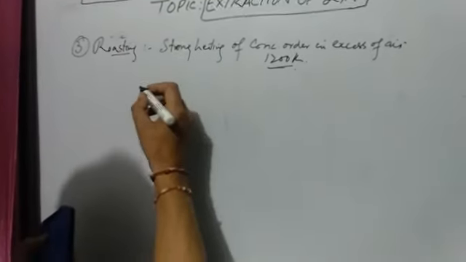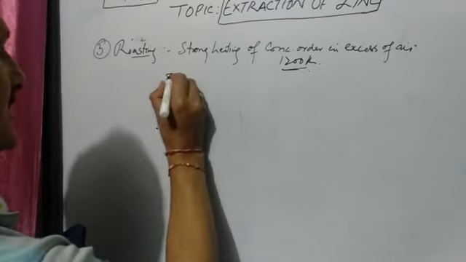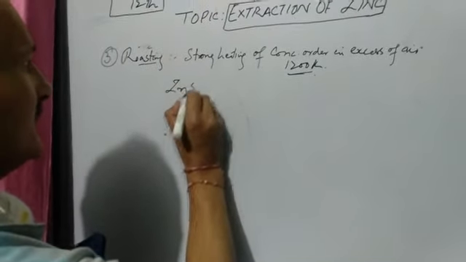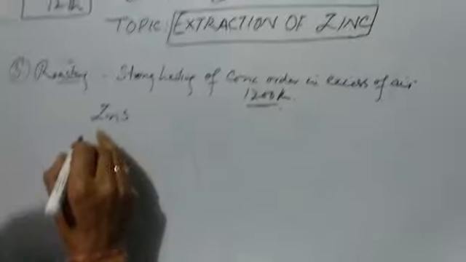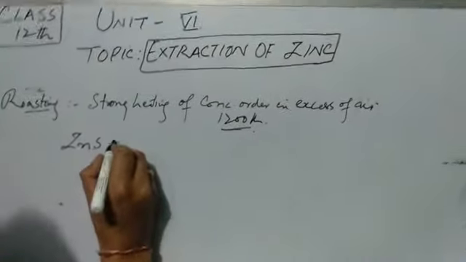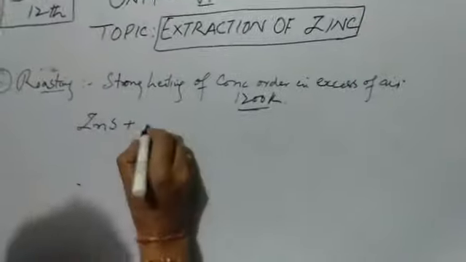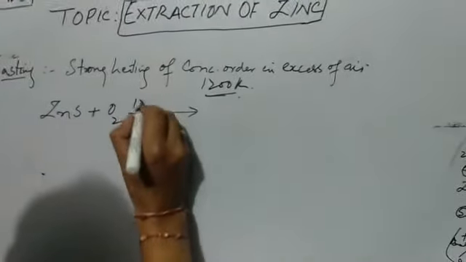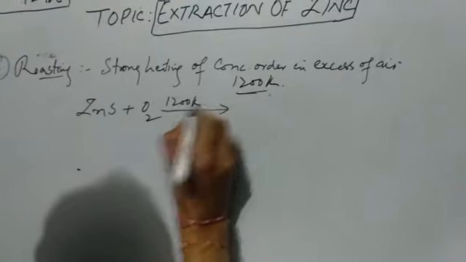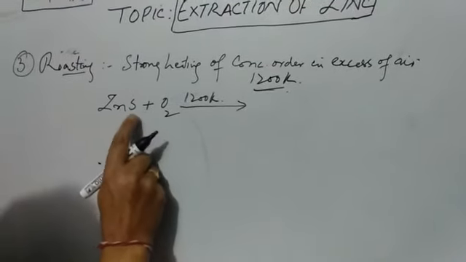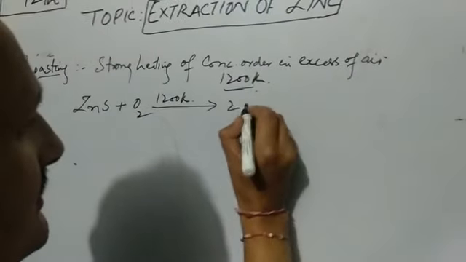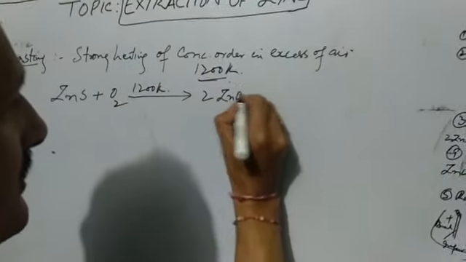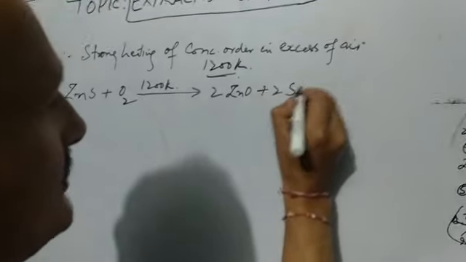Now let us go for roasting through a chemical reaction. This is zinc blende ore, from which zinc has to be extracted. It will undergo roasting, it will combine with oxygen at a very high temperature, that is 1200 Kelvin, and as a result our zinc sulfide will change into zinc oxide, like this: 2ZnS + 3O2 gives 2ZnO + 2SO2.